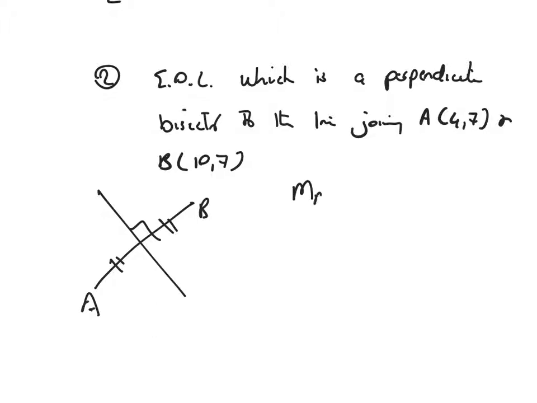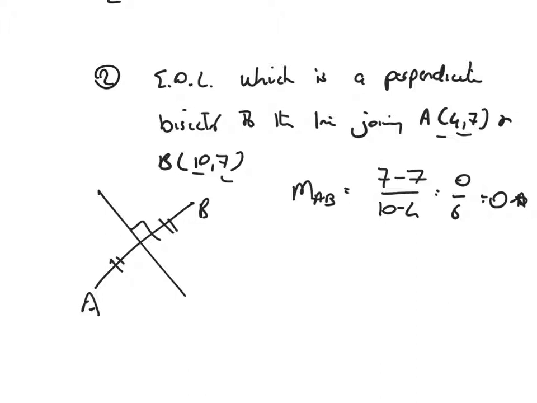So let's first of all find the gradient of AB, and that's y2 minus y1, 7 minus 7 over x2 minus x1, 10 take away 4. That's 0 over 6, and that's equal to 0. Now, that's denoting that the line is horizontal, given its gradient is 0. Perpendicular to a horizontal line, we do not use m1 m2 equals minus 1 for that calculation.